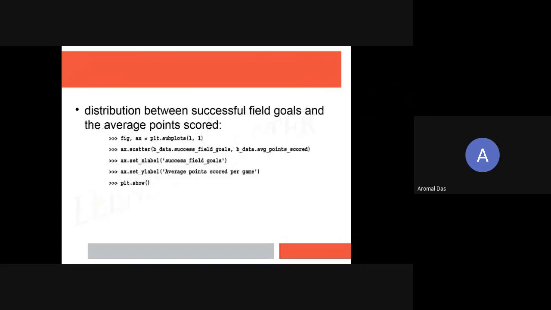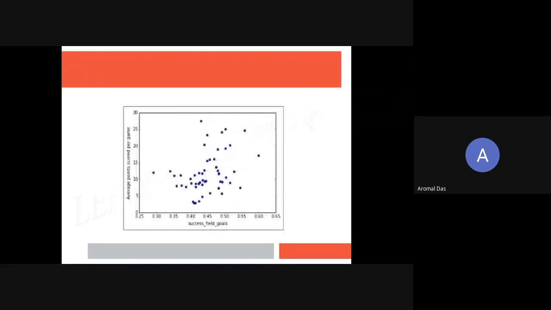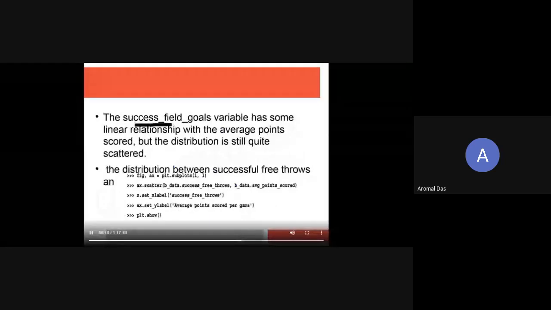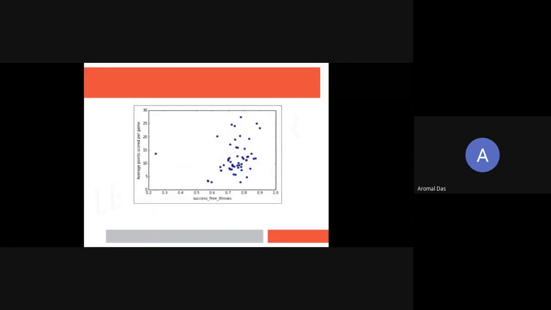So next we are going to plot the distribution between successful field goal and average point scored. So you will be getting a plot like this. Okay, successful field goal has some linear relationship with average point because the distribution is scattered. We will be getting a plot like this.